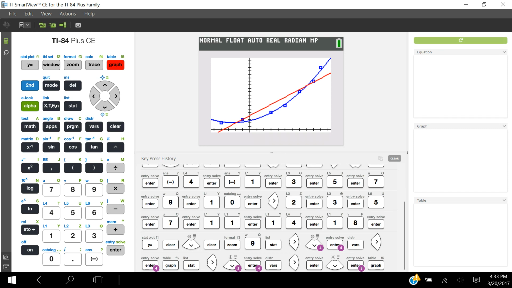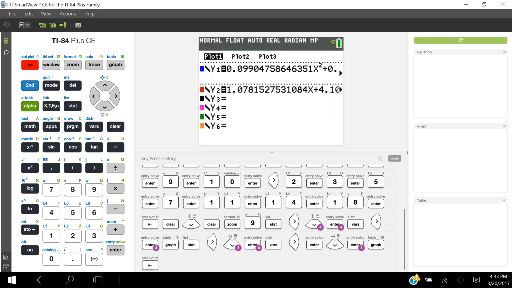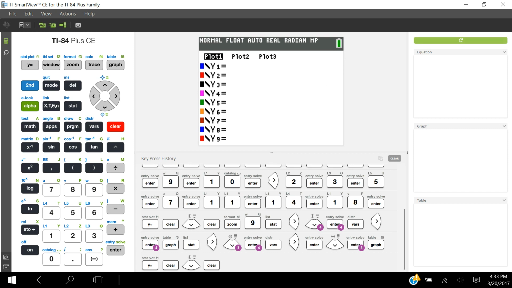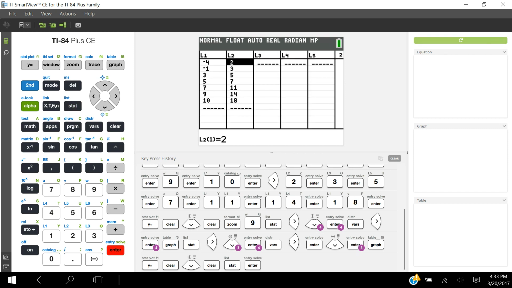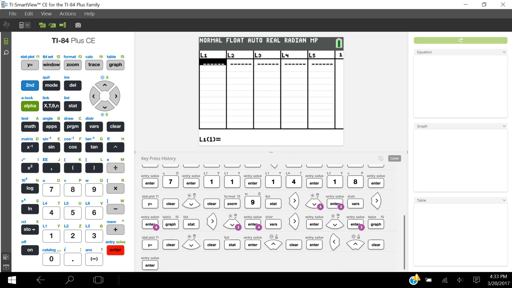Okay, so let's do number 2. So I'm going to go to my y equals, and I'm going to hit clear. I'm going to leave my plot on. Stat, edit. I'm going to go up to the L2, clear, enter. Over to L1, clear, enter.